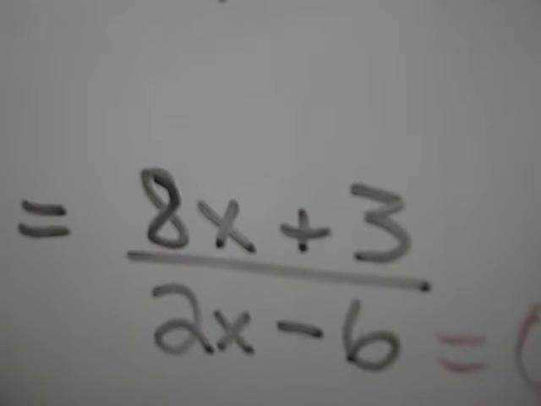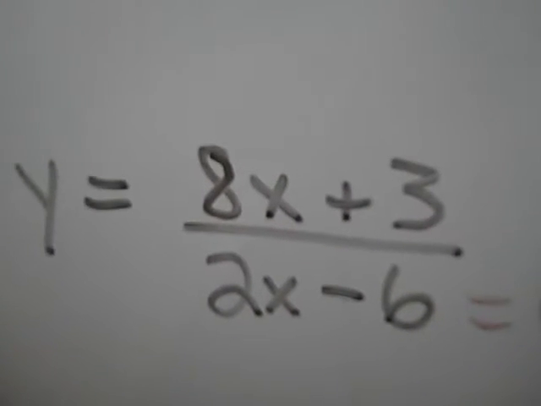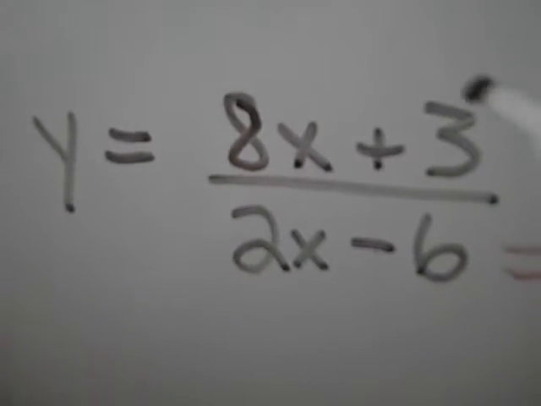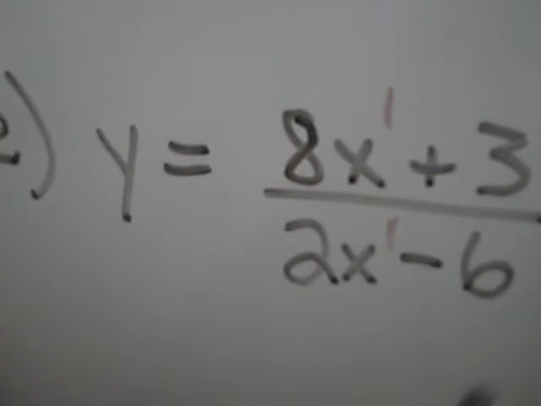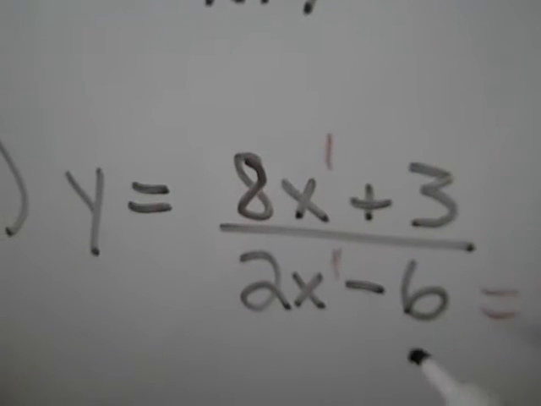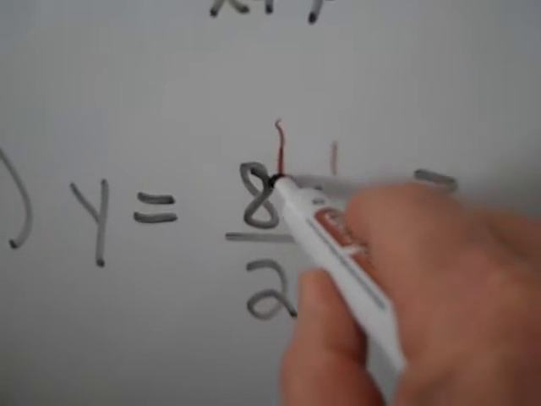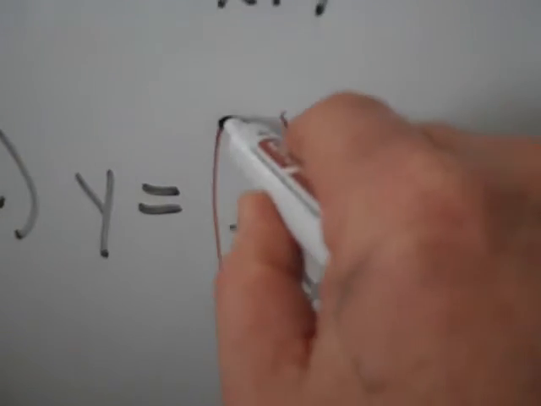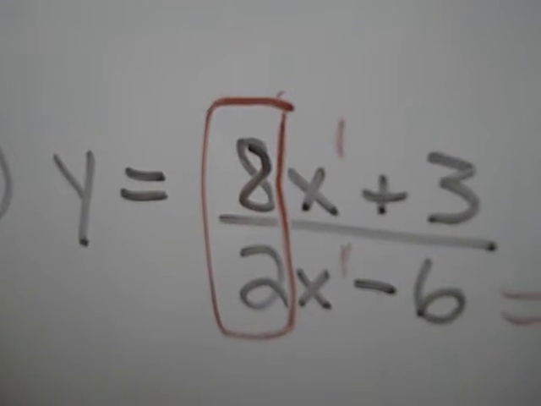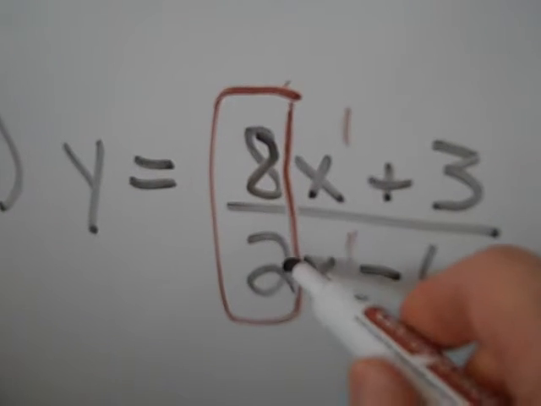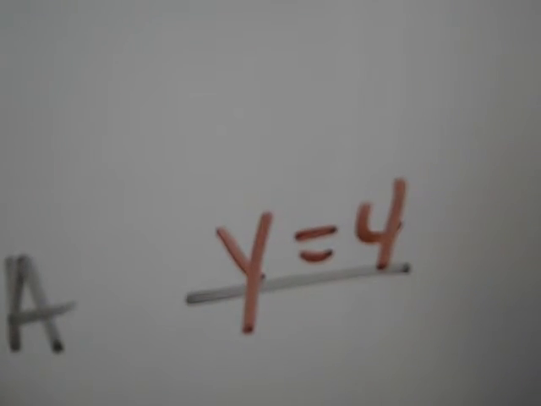Now your horizontal asymptote. Now this leads into our next video here in a second. We're going to look at degrees. This is a degree 1, this is a degree 1. If the degrees are the same on top and bottom, 98% of the time you're going to have coefficients to look at. So take the coefficients of those x values and divide them, and that will give you your horizontal asymptote.